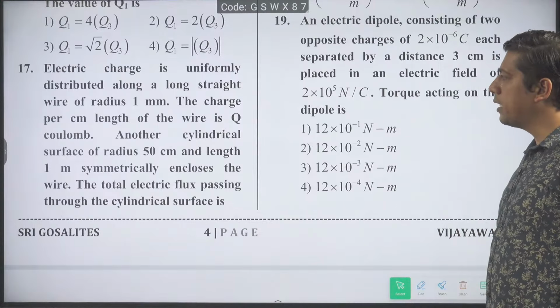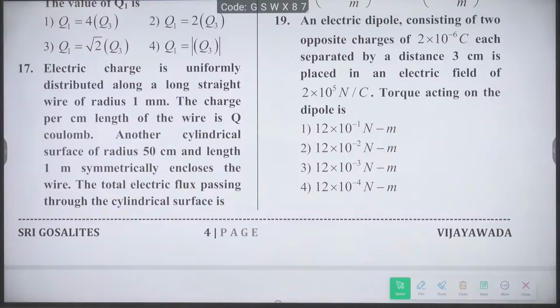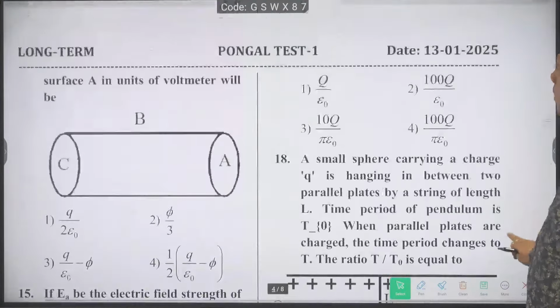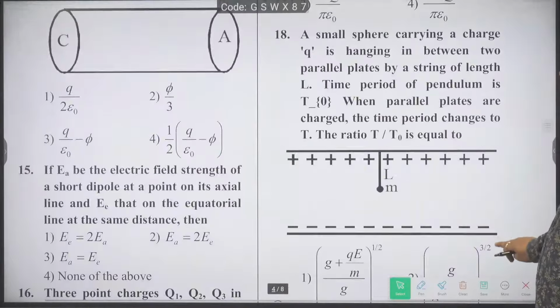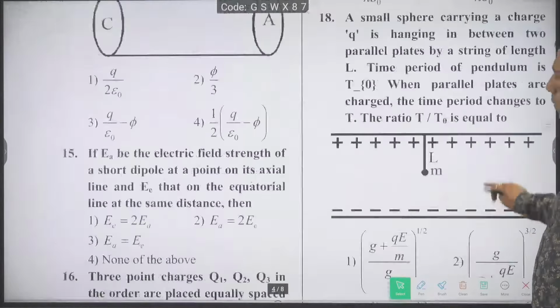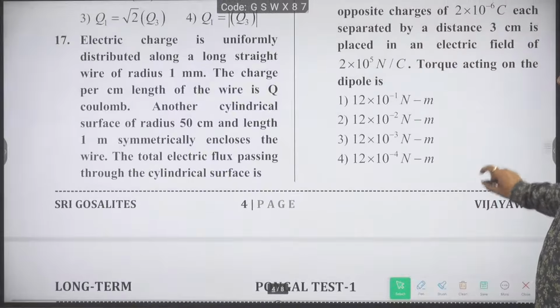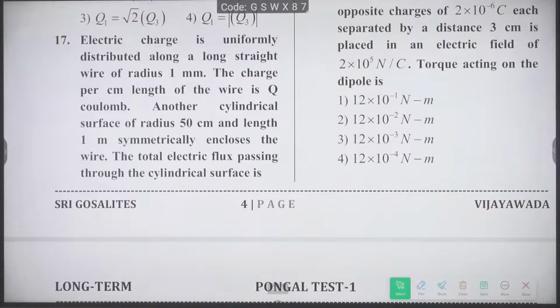The charge per centimeter length of the wire is Q. On another cylindrical surface of 50 centimeter radius and length 1 meter, let's see the diagram. Diagram not given, that means we have to visualize. Tell me how much total flux will pass through the cylindrical surface.